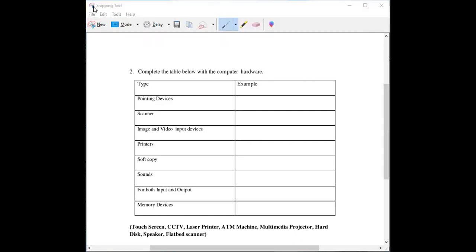Okay, shall we check the answers? Pointing device. What did you get as the answer? Touch screen. Yes, touch screen is there. Scanner.